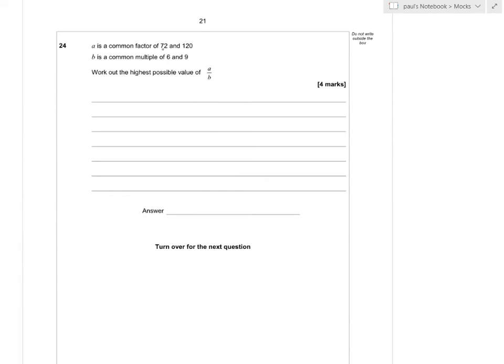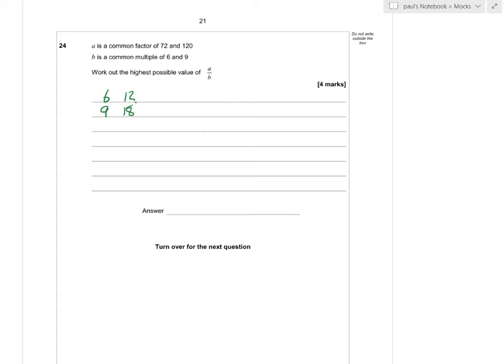A is a common factor of 72 and 120. B is a common multiple of 6 and 9. Right. So work out the highest possible value of A divided by B. So this has got to be the lowest common multiple of 6 and 9.